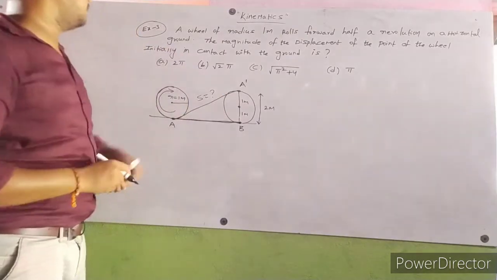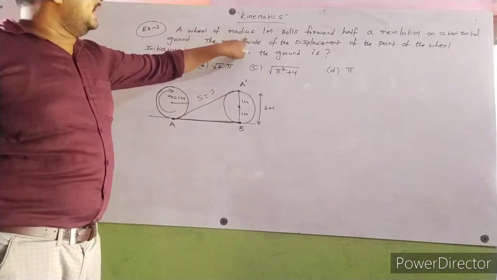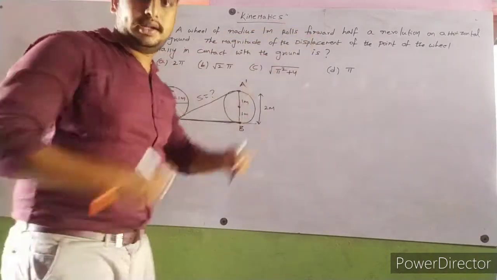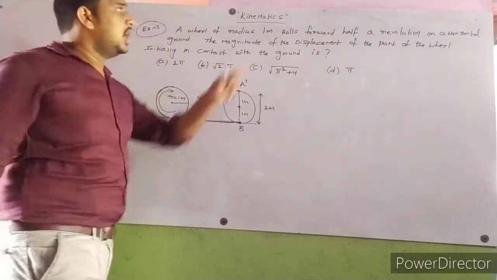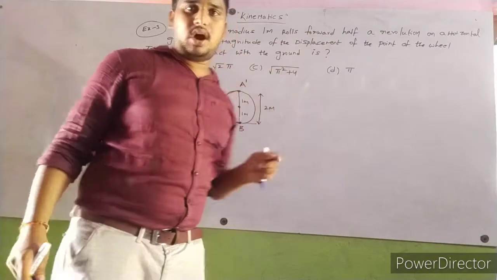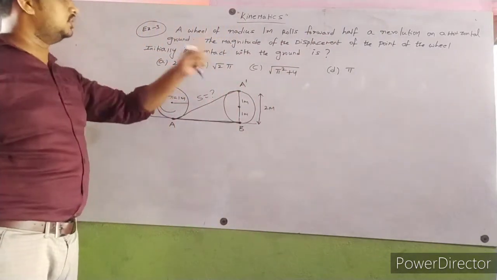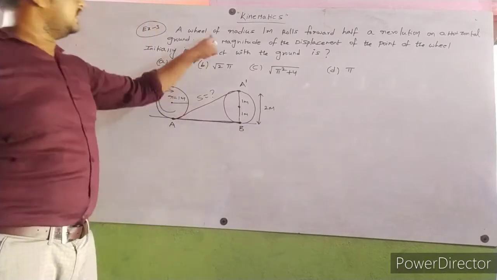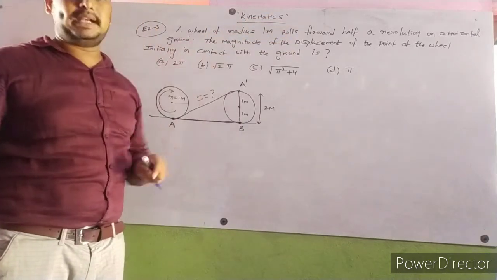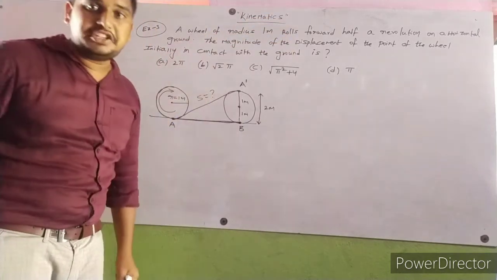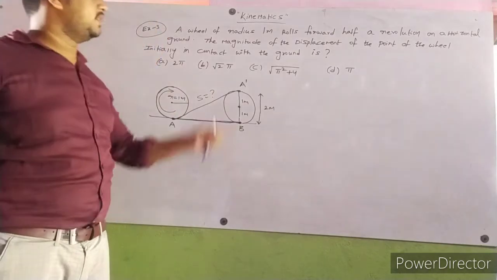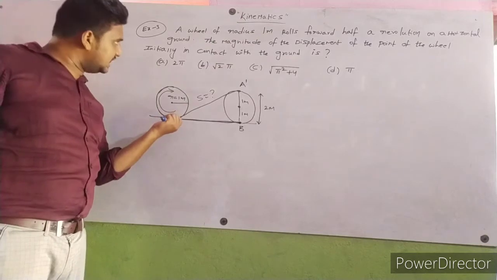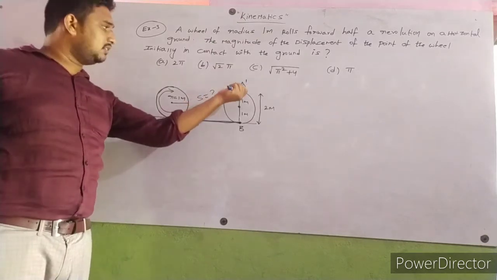So observe carefully. A wheel of radius 1 meter rolls forward half a revolution on horizontal ground. What do we need to find? The magnitude of displacement of the point of the wheel initially in contact with the ground.